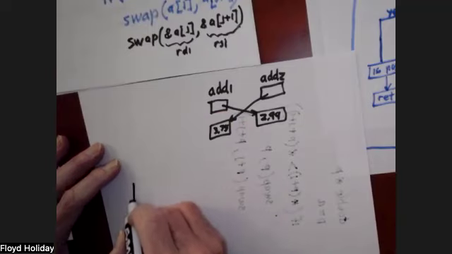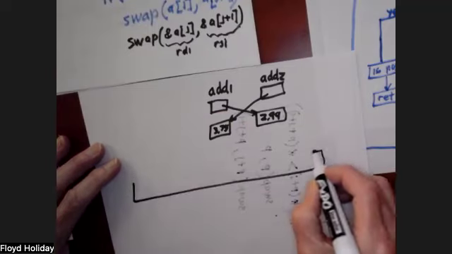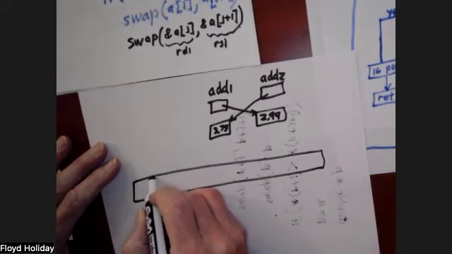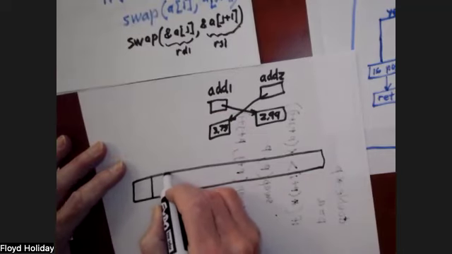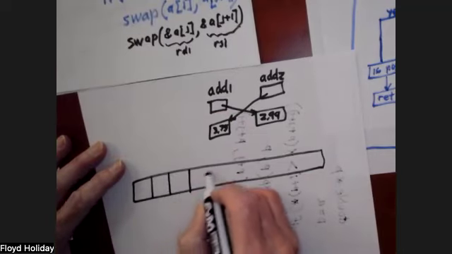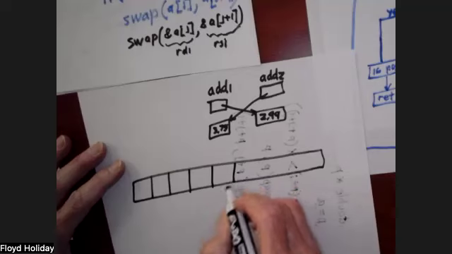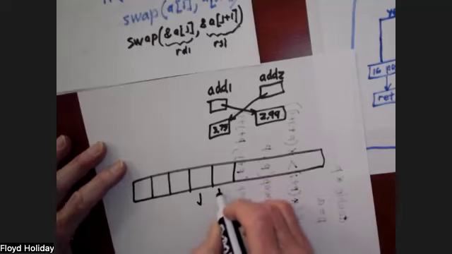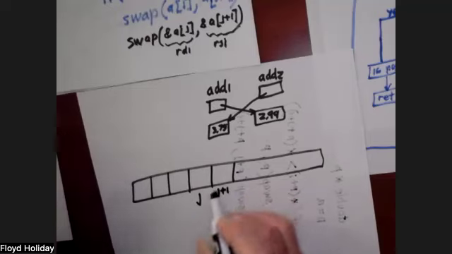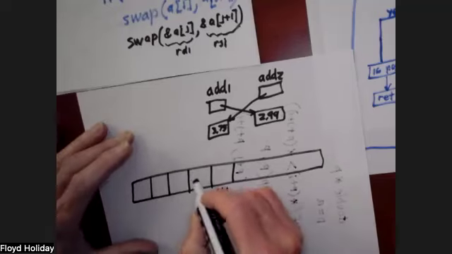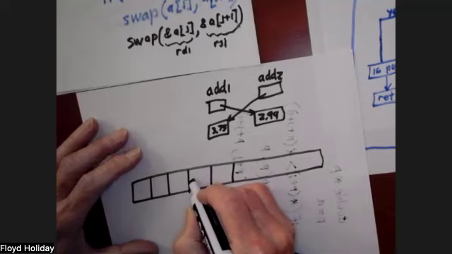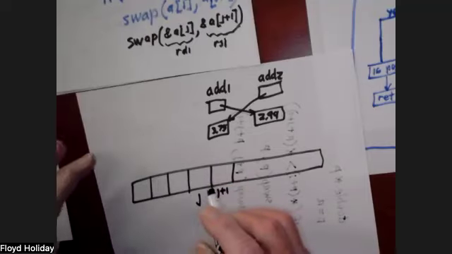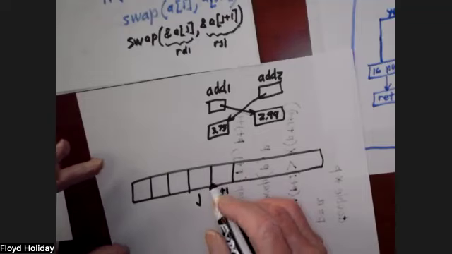Can I try one more time? Here's the array. There's a double and a double and a double and a double. Okay, here is cell J, J plus 1. We have to look at the underlying address scheme.